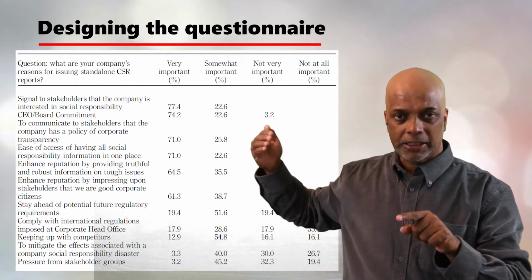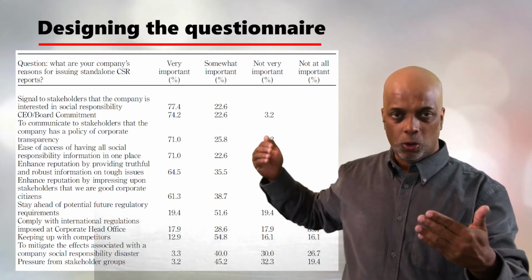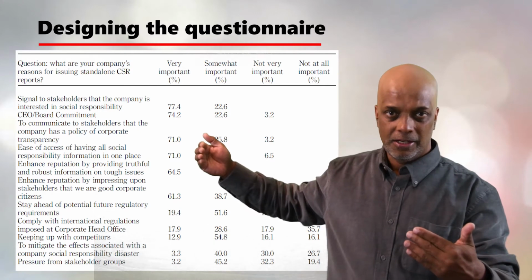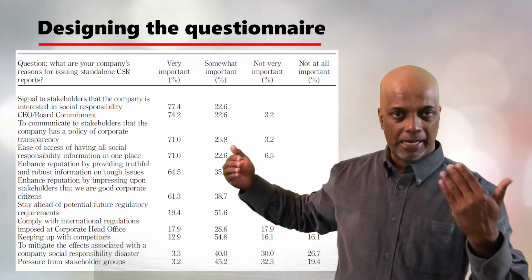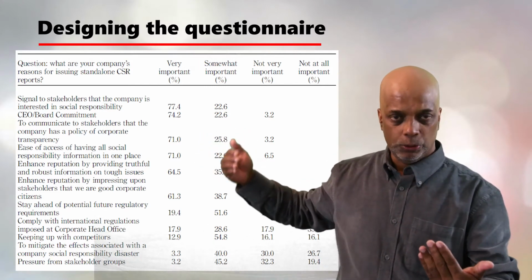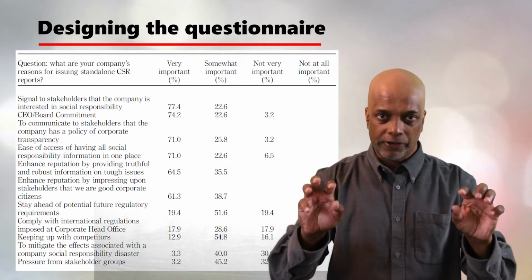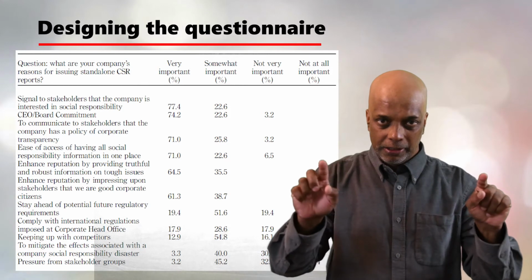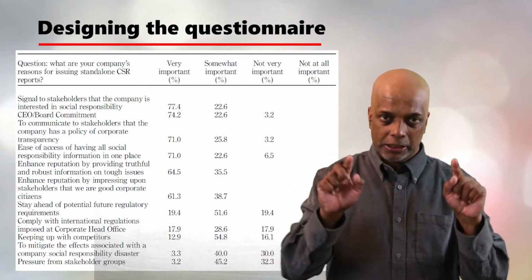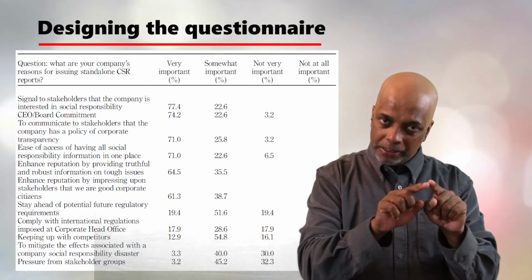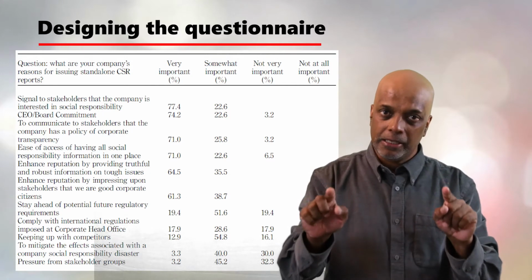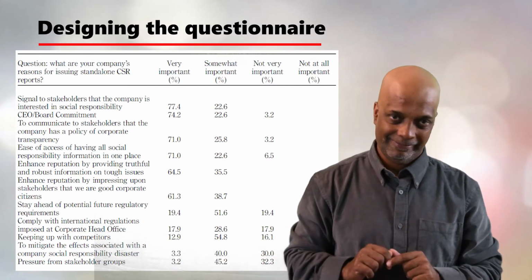So this kind of a scaling of the answer is called Likert scale. Most of the descriptive as well as analytical surveys heavily use this sort of Likert scales. So the answer is framed within a particular scale. The respondents have to answer in that scale. That will make your analysis easier.